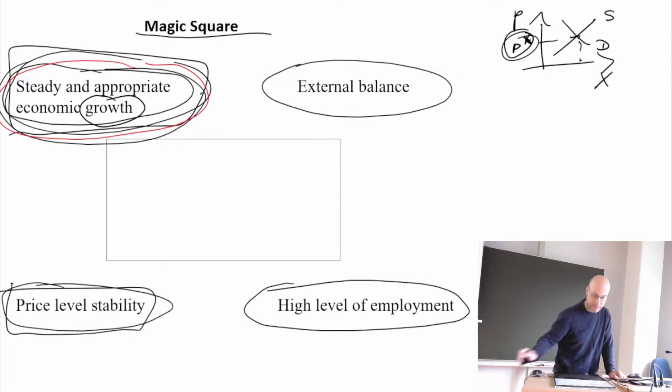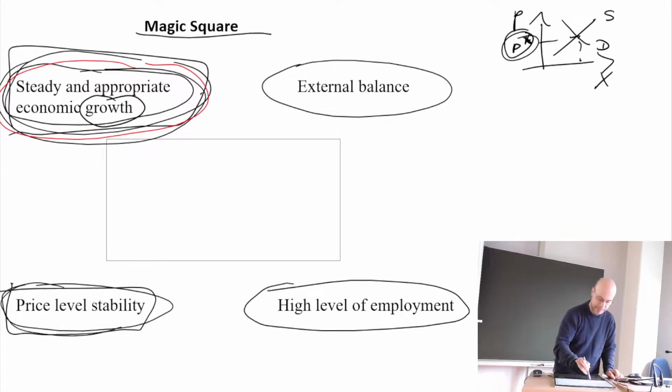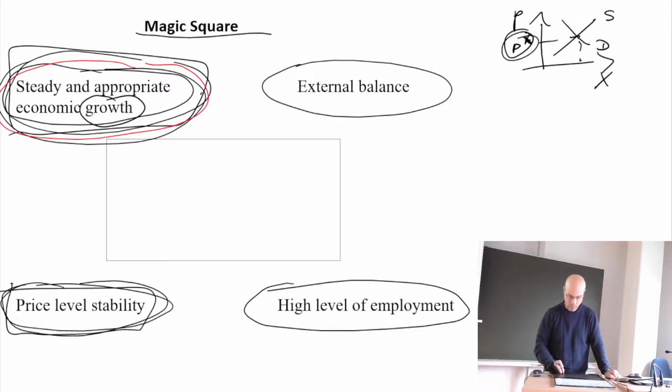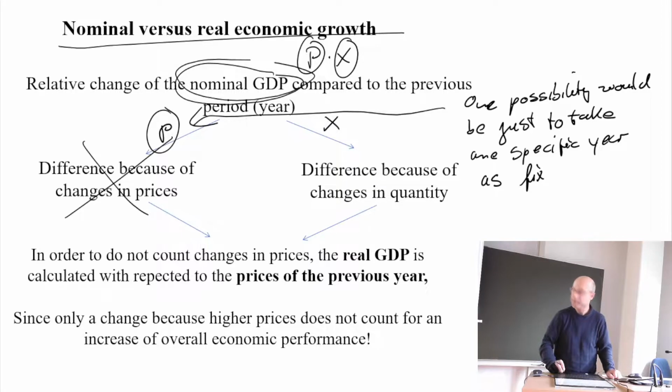There we talked about how do we measure it and in which range for developed countries we see steady and appropriate economic growth. And the second was price stability. And especially when we talked about economic growth, we talked about how do we understand economic growth.